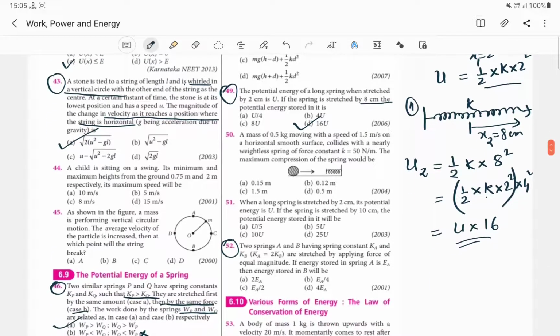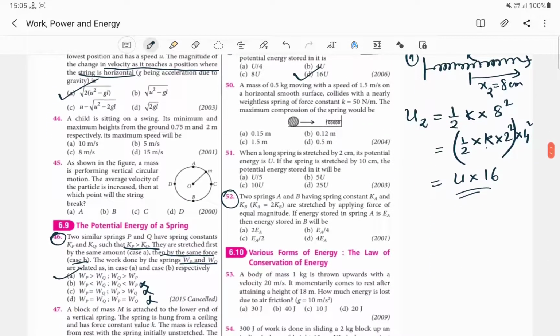Next, let us go through question number 52. For this question, two springs A and B have spring constants Ka and Kb, and it is provided that Ka is 2 times Kb.